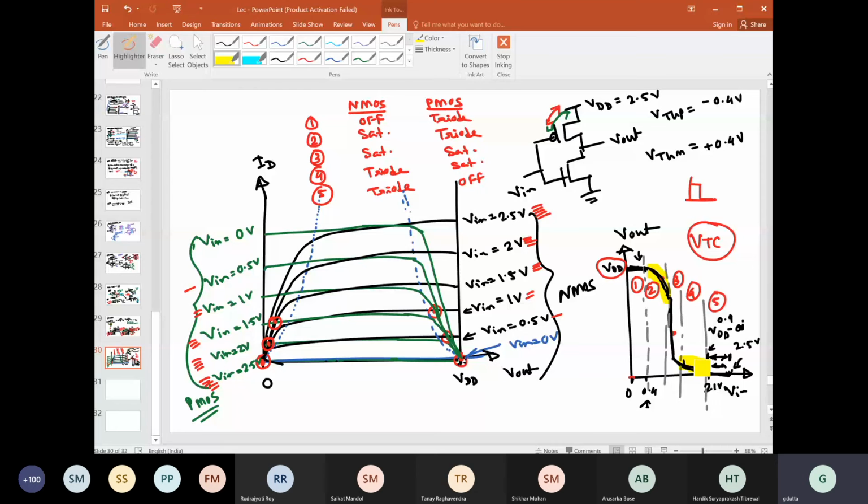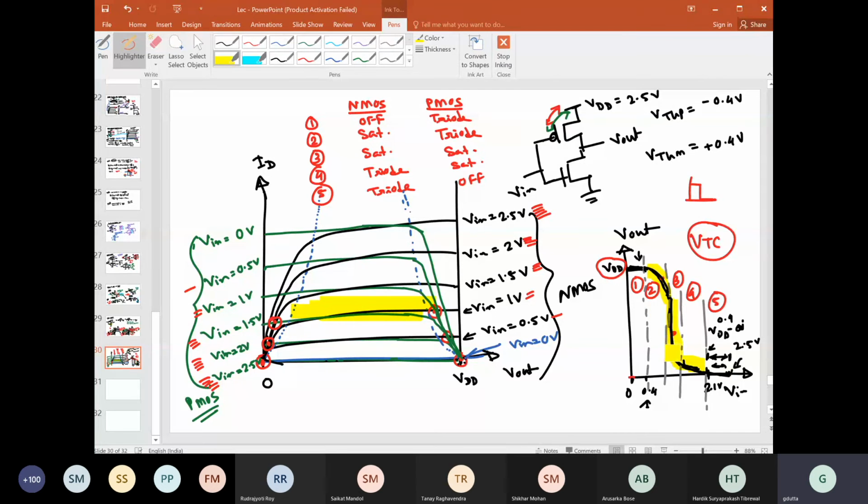Whereas for this region here, both transistors will be in saturation. So a good amount of current will flow during this region, when both the transistors are in saturation.